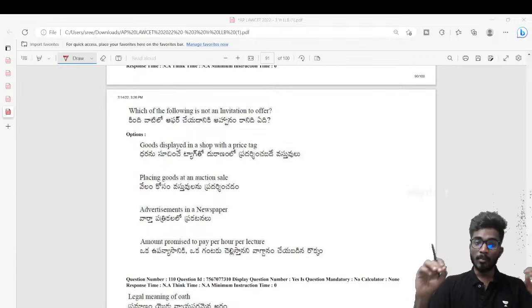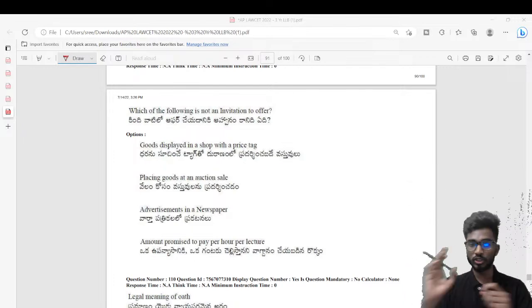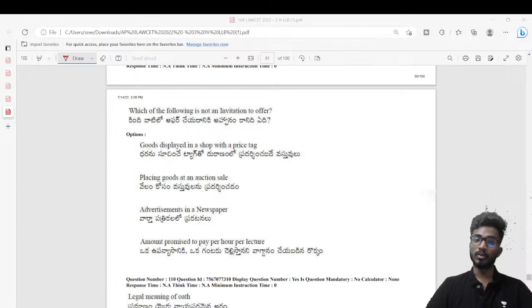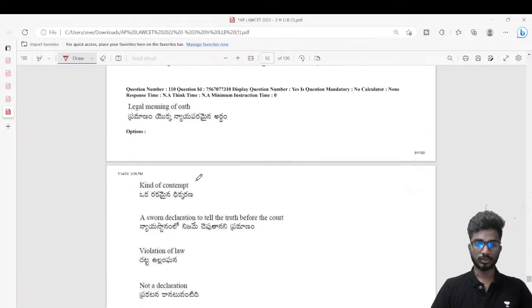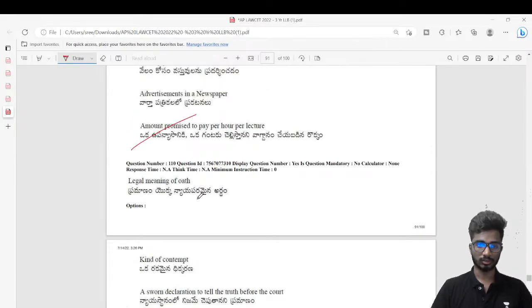Now, the amount promised to pay per hour per lecture: you have promised somebody that you will pay this much per hour. That is not an invitation to offer. It is an offer because it is made to a specific person and there is a specific consideration. So this is the right answer.